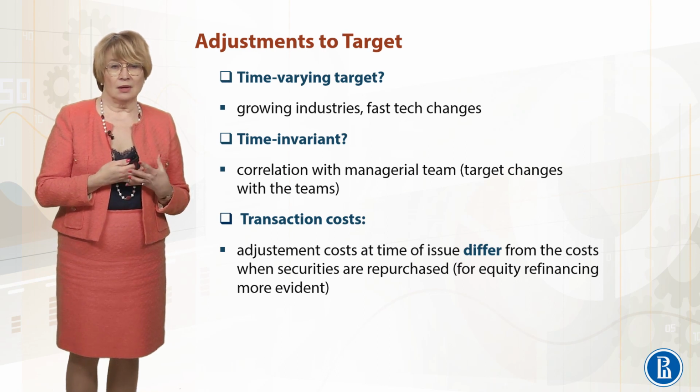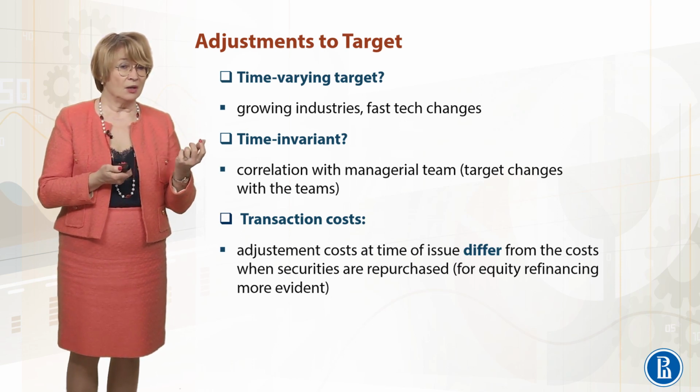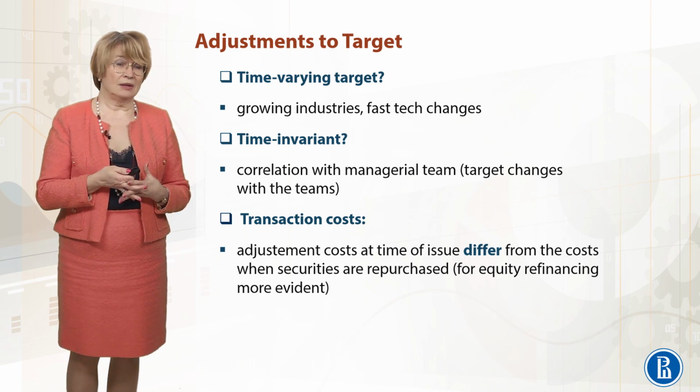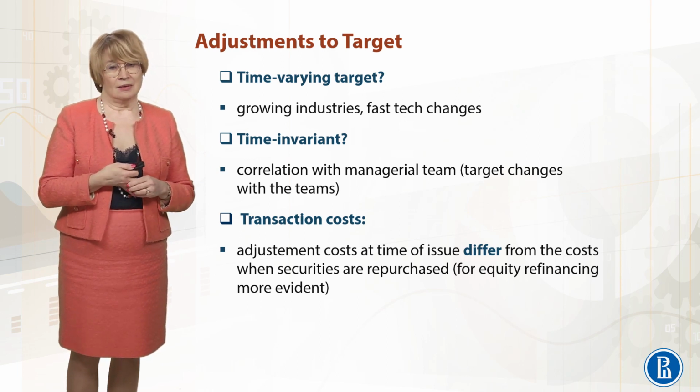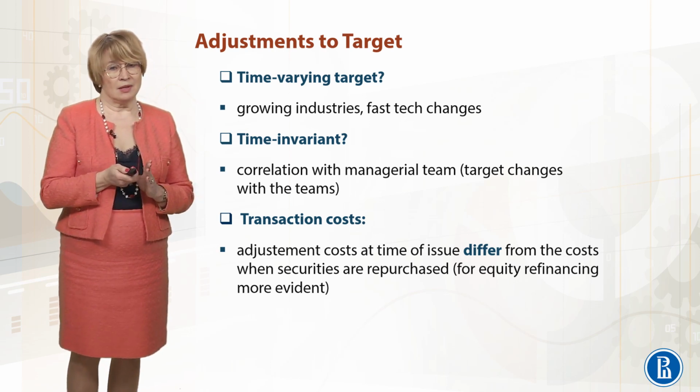What else can influence the adjustments to the target when modeling, when trying to find this fitted value approach to the level of debt in the capital structure of the company, the target debt in the capital structure?